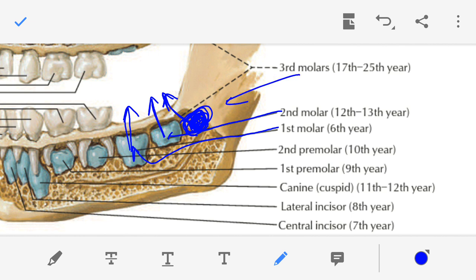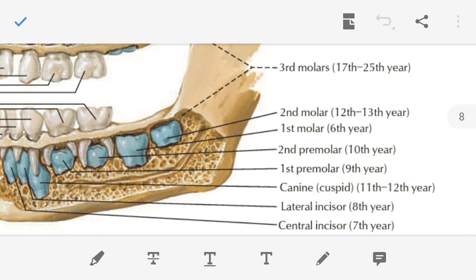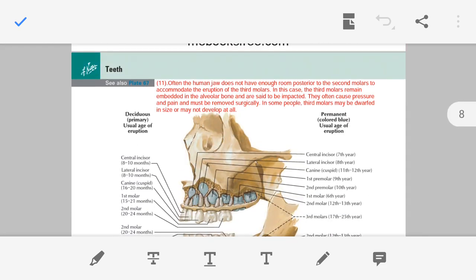This wisdom tooth will be putting pressure on these two molar teeth. In this condition, the person will feel pain and needs to visit the dentist. The dentist will perform a minor surgery, and with the help of that surgery, the dentist will remove this wisdom tooth.